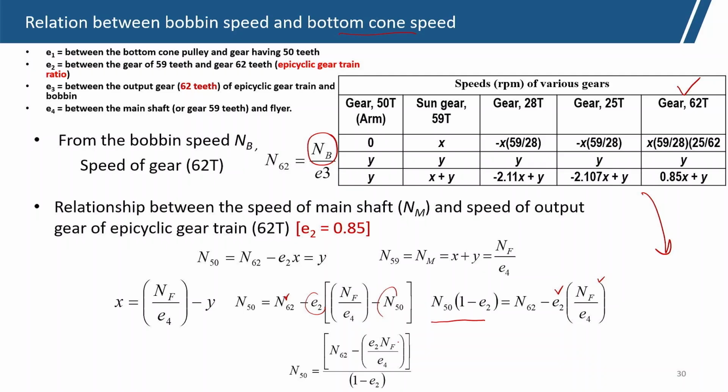So, N50, that is the arm speed, we are getting in terms of fixed speed of the spindle and the output speed of the epicyclic gear. Now, this output speed of epicyclic gear we are actually replacing with this value, in terms of NB.